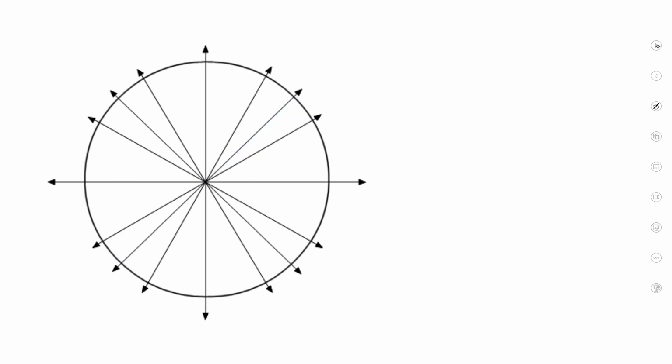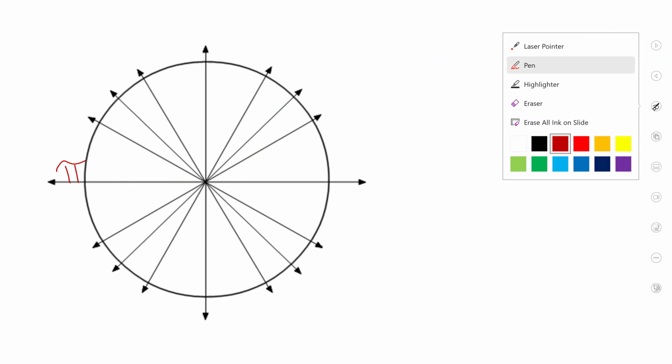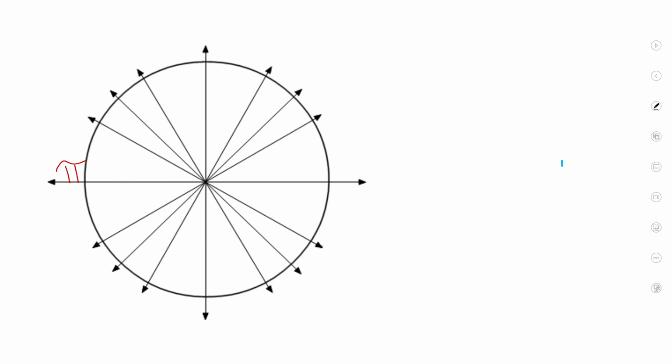So I'm going to go to a fresh unit circle. I know that this is pi. Everyone label pi. What I'm going to do first is break up pi into 4 equal sections.